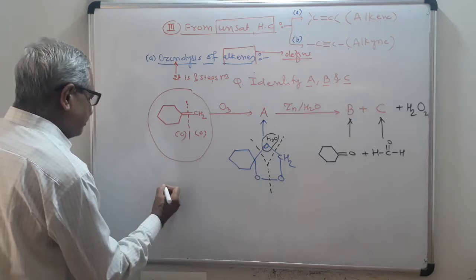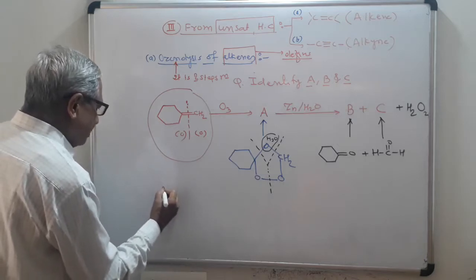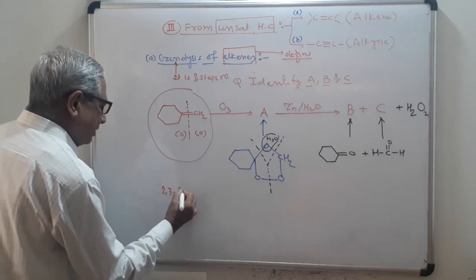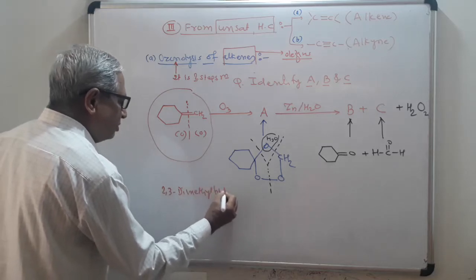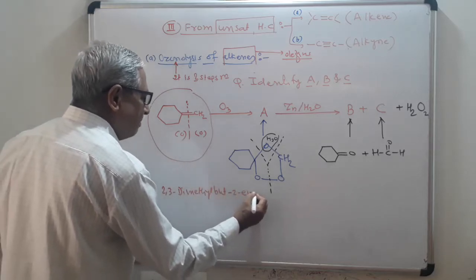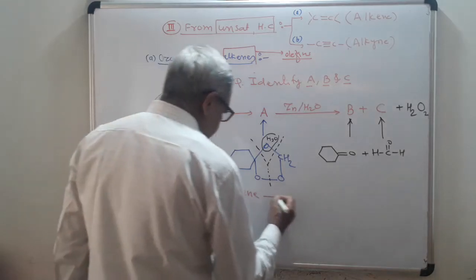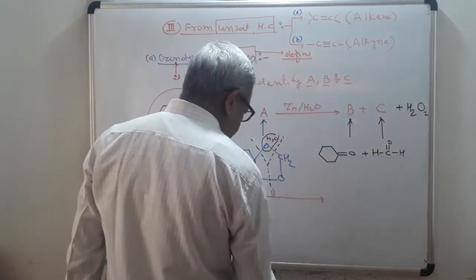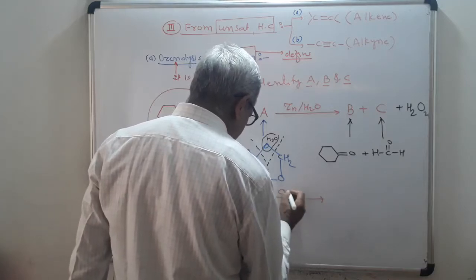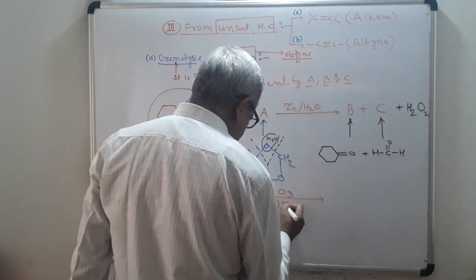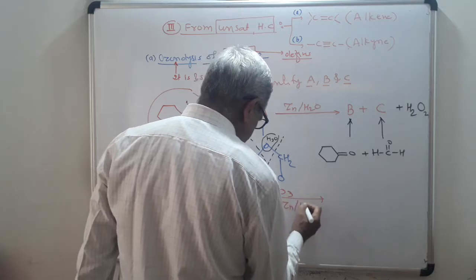See here, the compound is like this, 2,3-dimethylbut-2-ene. First, it is treated with ozone, O3. Second, it is treated with zinc and water.